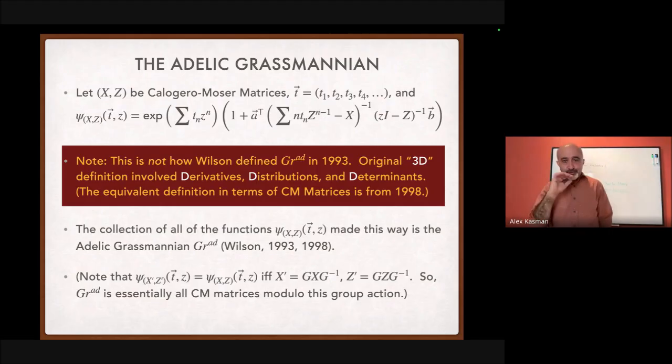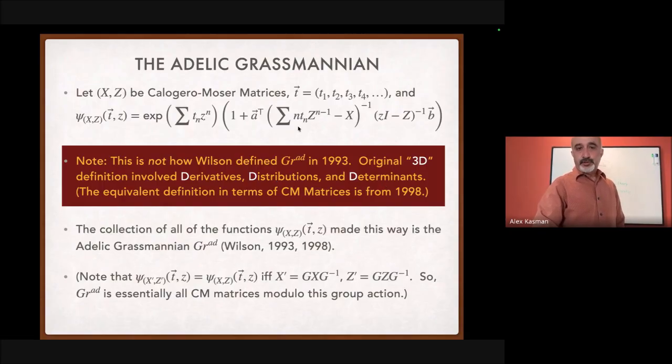That's not the definition that George Wilson gave in 1993. He didn't mention Calogero-Moser matrices at all. His original definition was more analytic and less algebraic. It involved derivatives, distributions in the sense of functionals, so linear functionals acting by differentiation and evaluation, and determinants.